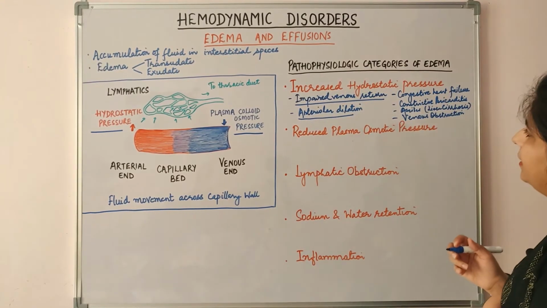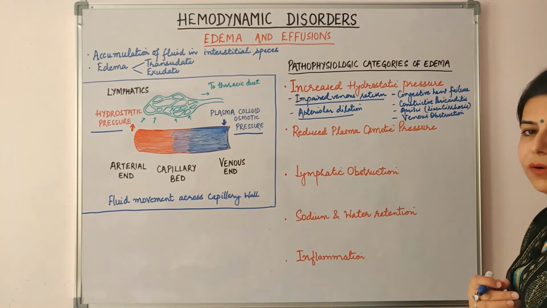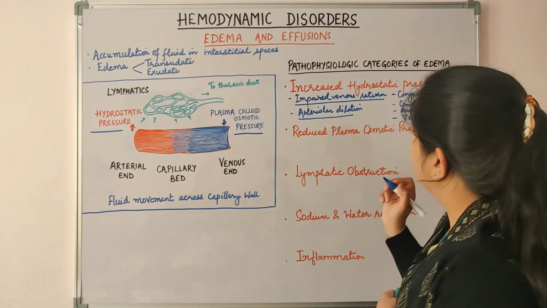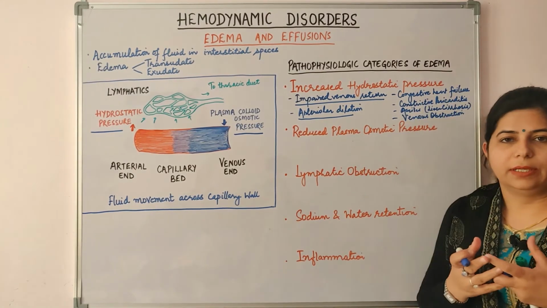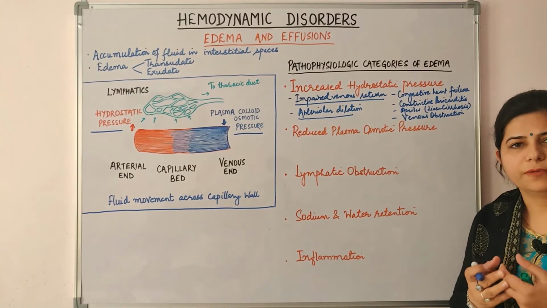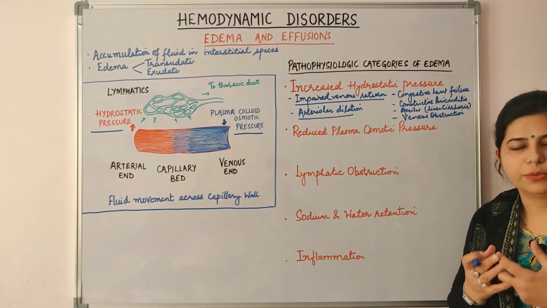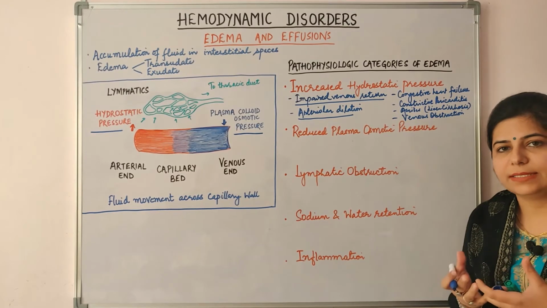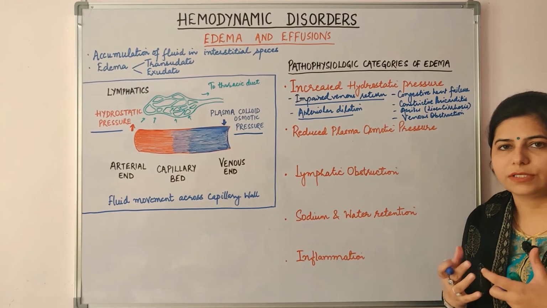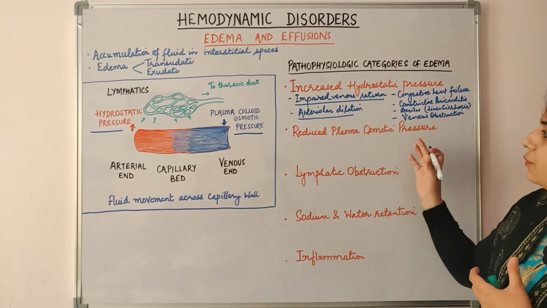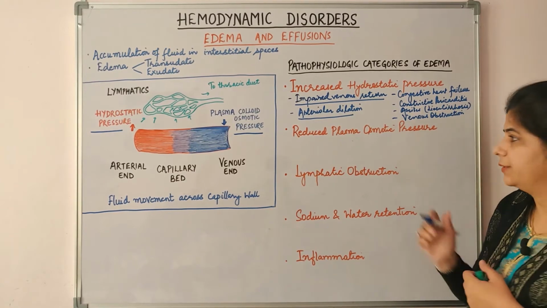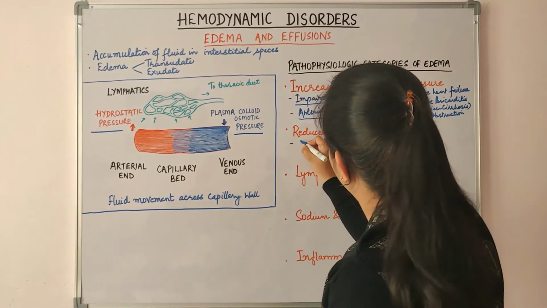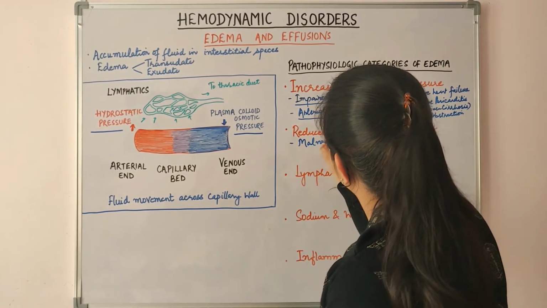The next is the reduced plasma osmotic pressure. Albumin comprises almost half of the total plasma protein. So if albumin synthesis is decreased or it is lost from the body, then it will lead to reduced plasma osmotic pressure. First is malnutrition.